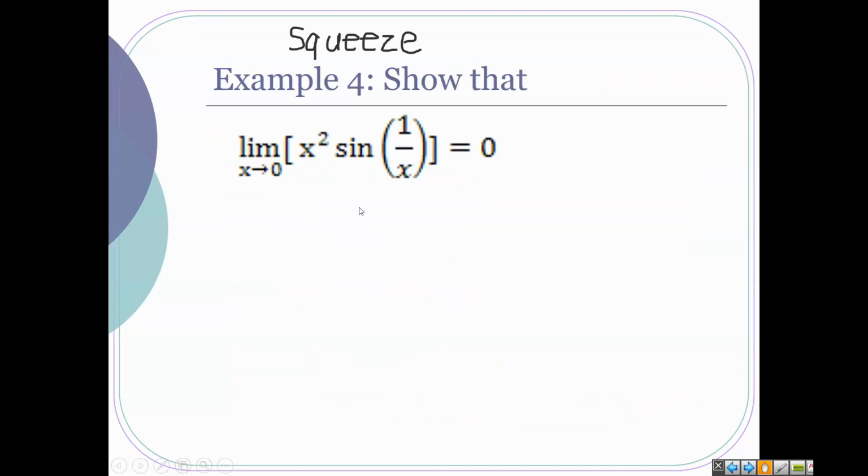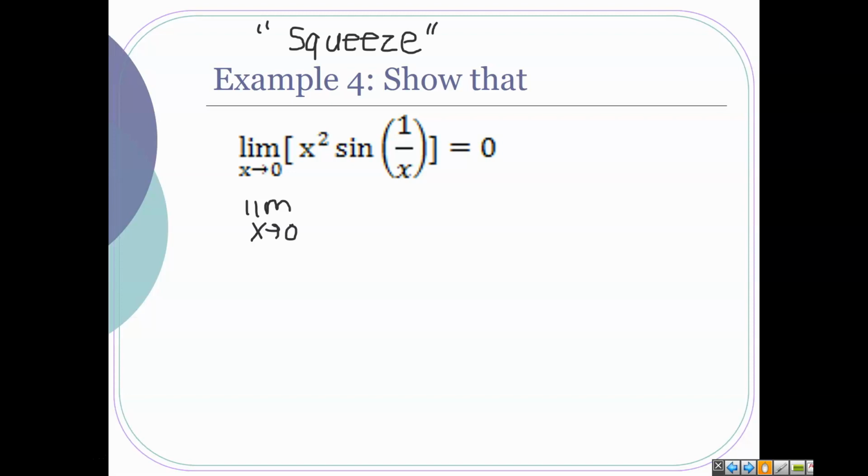So we're going to squeeze this function here. We have x squared sine 1 over x. If you plug into that, you get the limit as x approaches 0.